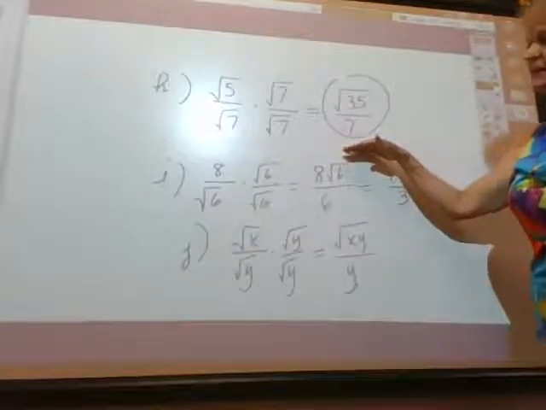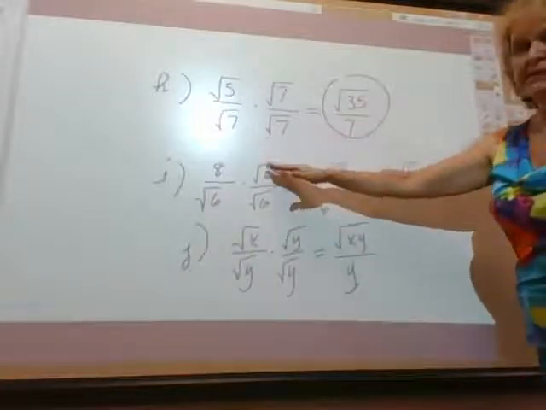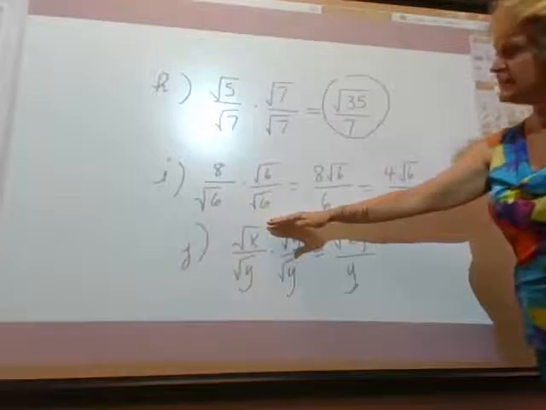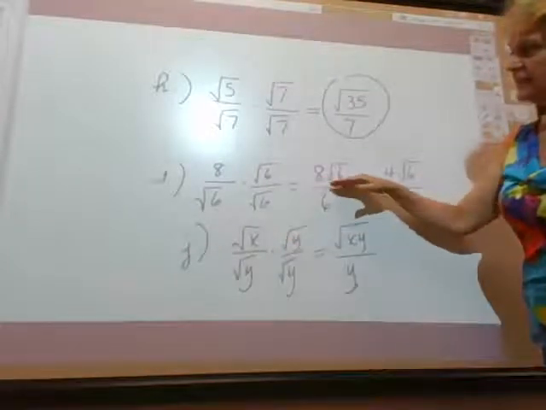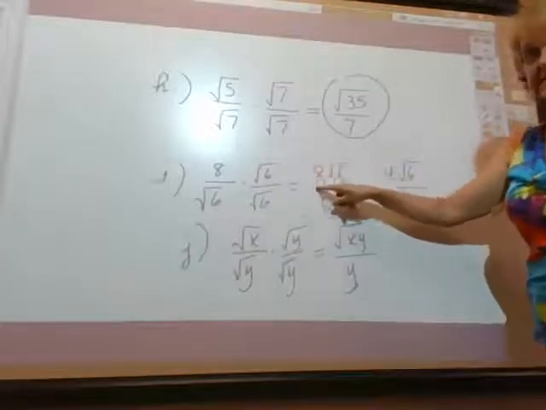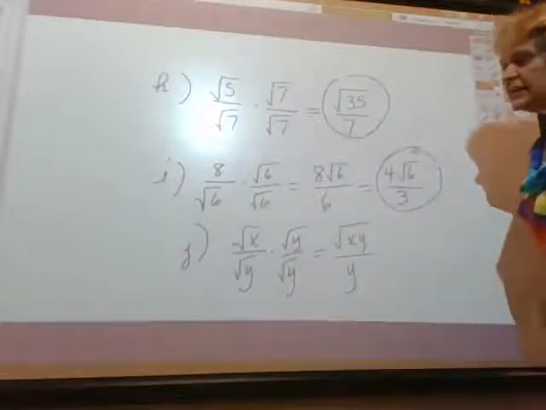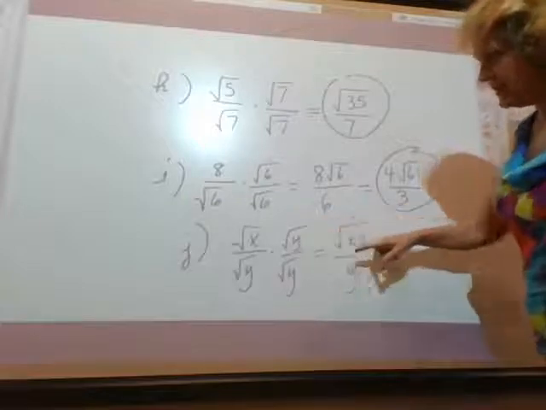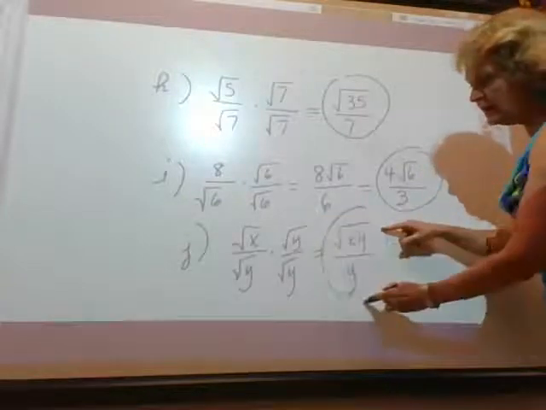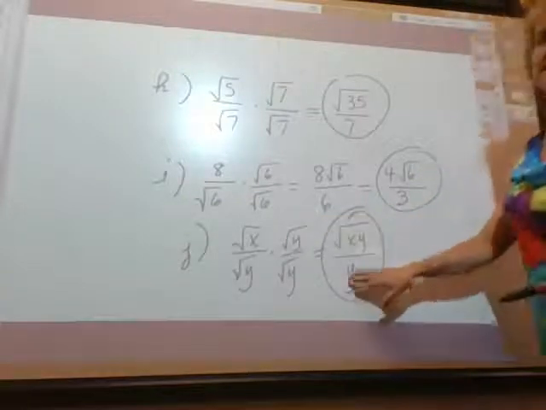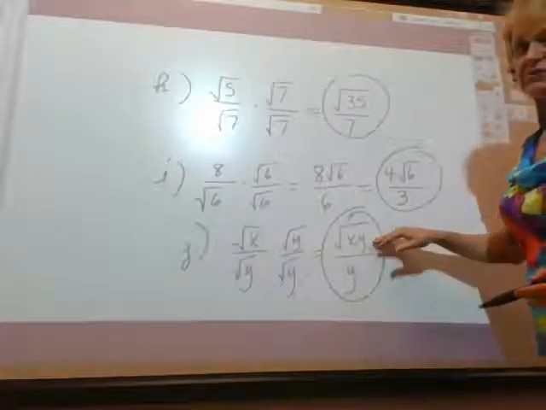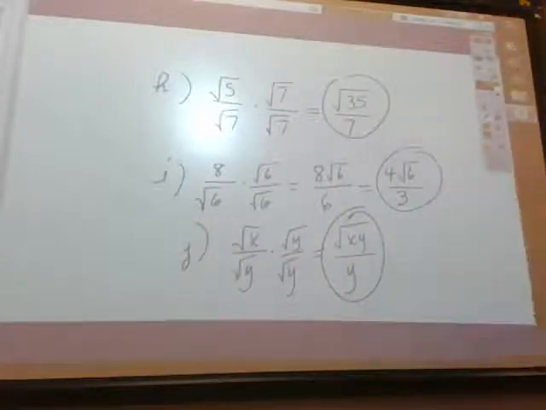Pretty simple one. On I, we multiplied by radical 6 over radical 6. You got 8 radical 6 over 6. This 8/6 can reduce to 4/3. So this is our final answer. And on J, we have radical xy over y. You cannot take the y into the radical y. So we're done there. All right, just a few more.